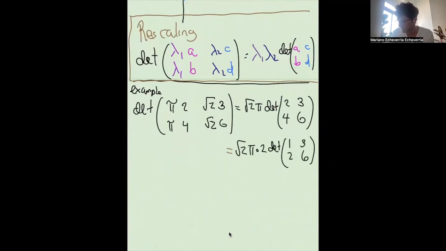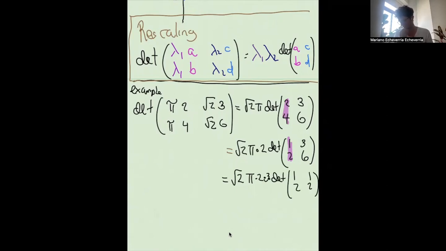Okay, so I'm specifying here what I'm pulling out. And in fact, even if you look at the second column, there's still something you can pull out. You can take out a 3 if you wanted to. So you can also say this is root of 2 times pi times 2 times 3, the determinant of 1, 2, 1, 2.